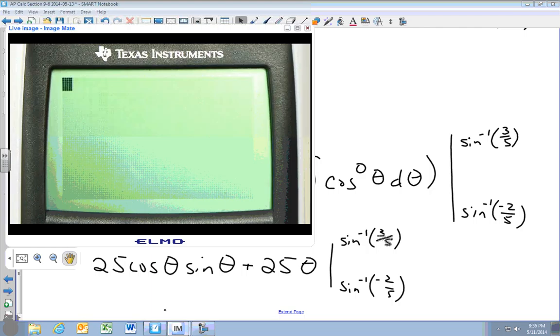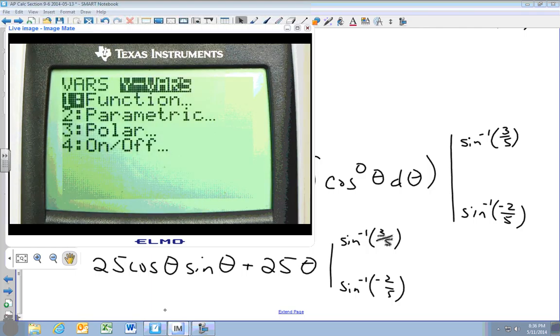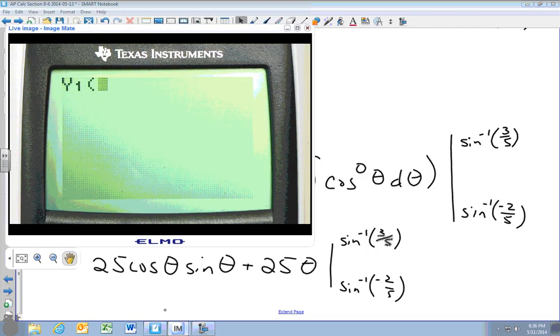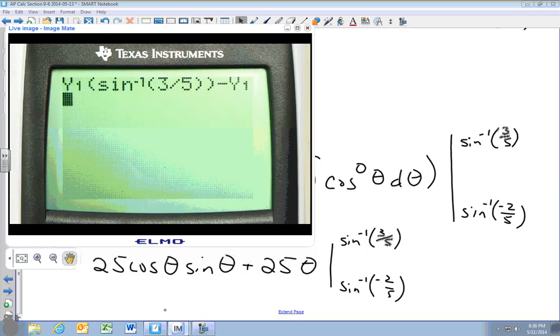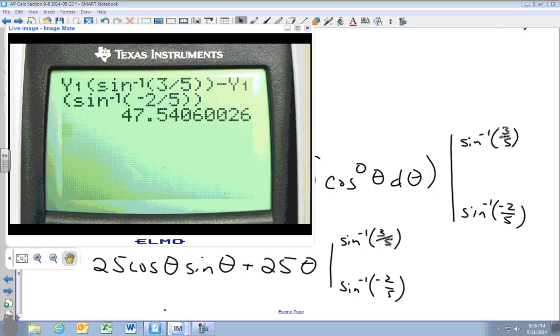And I'm just going to tell it to take y1 and plug in the upper bound, which is the sine inverse of 3/5, and subtract y1 evaluated at the sine inverse of negative 2/5. Make sure you're in the right mode here, of course, so you get the correct answer when we're done. And we get 47.541.